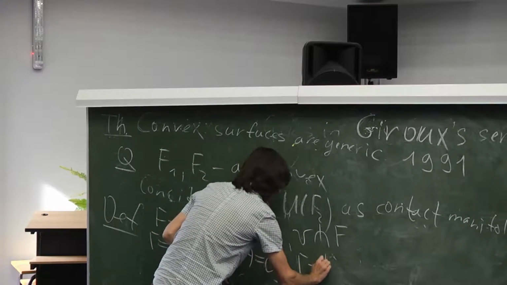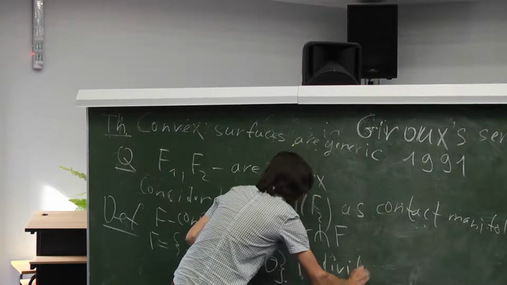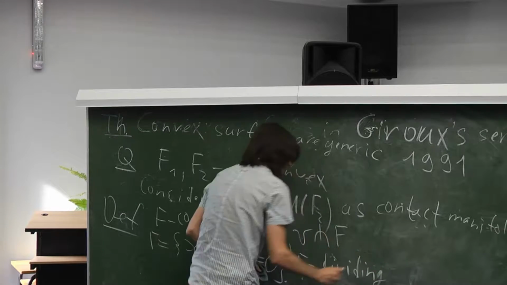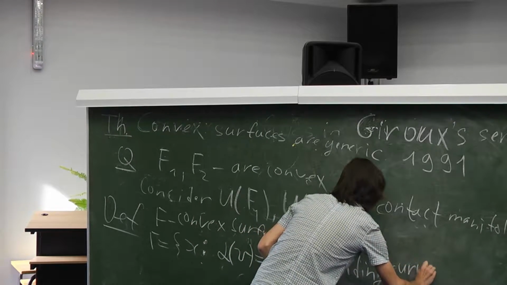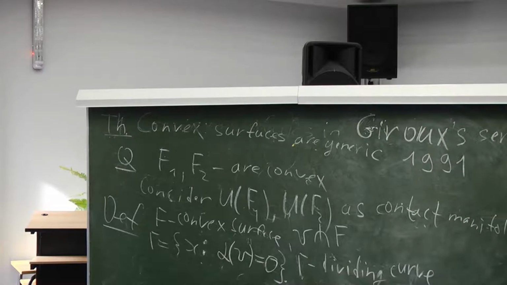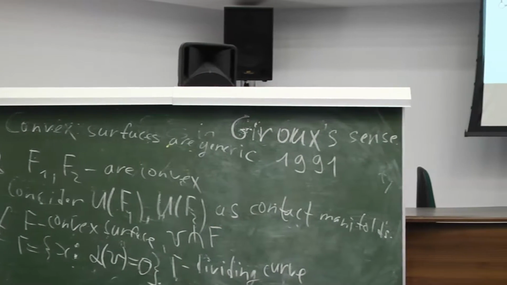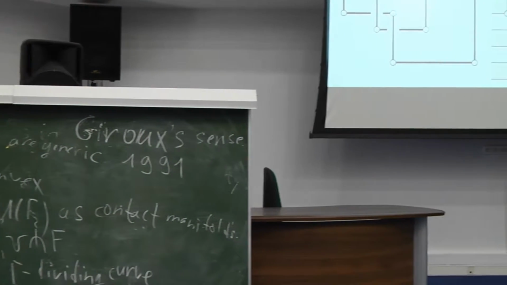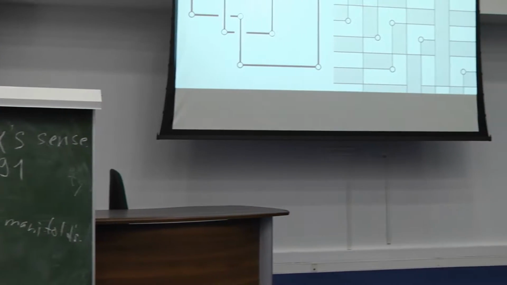Gamma is called dividing curve. Dividing curve is always transverse to the contact foliation.